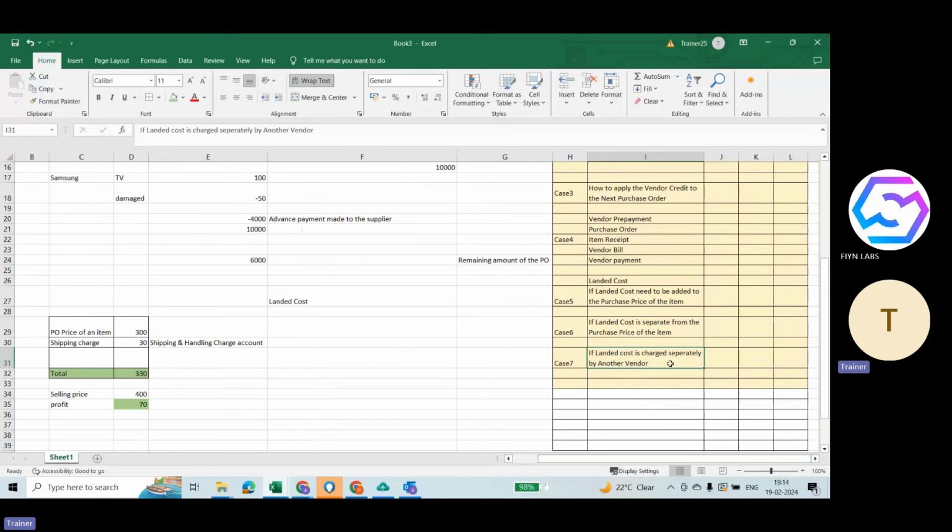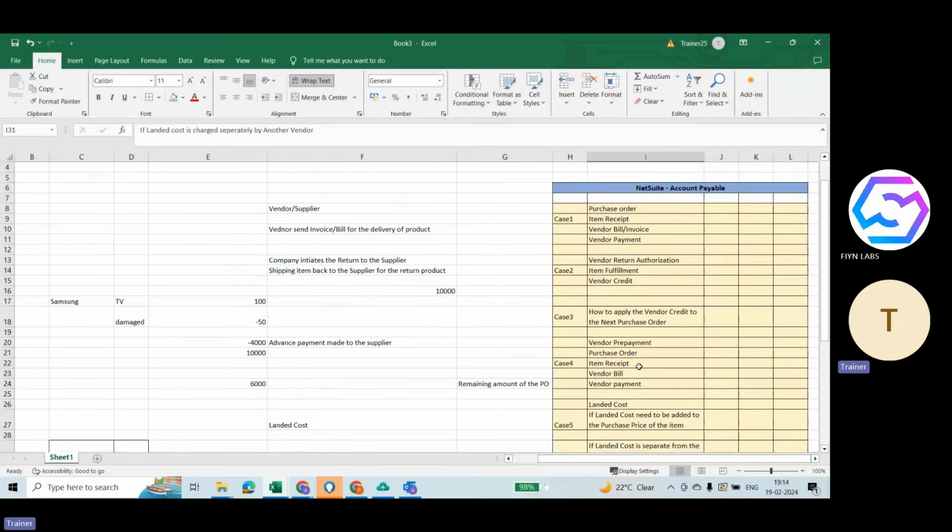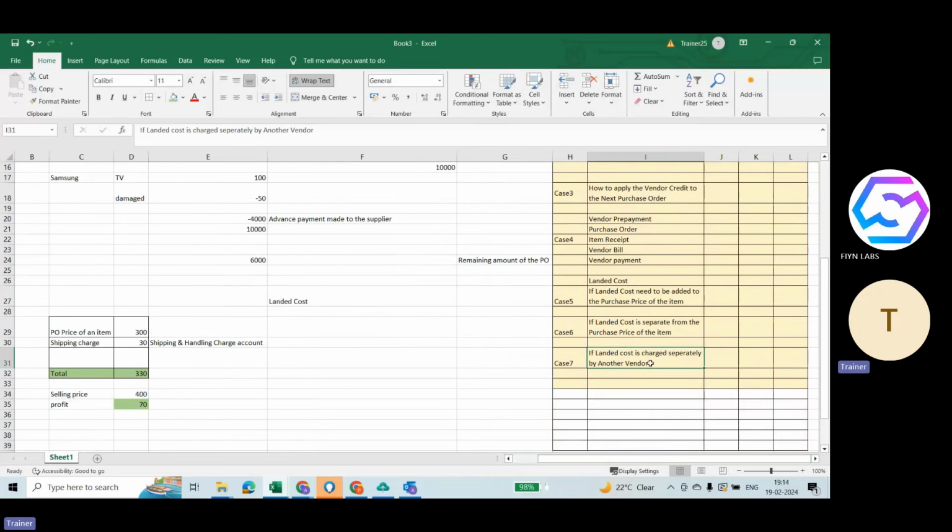Those companies only charge for this shipment. So that is very interesting, and this is also a very important question: how the landed cost can be calculated if an item is being supplied by another vendor, not by the native vendor. That's what we're going to see here.